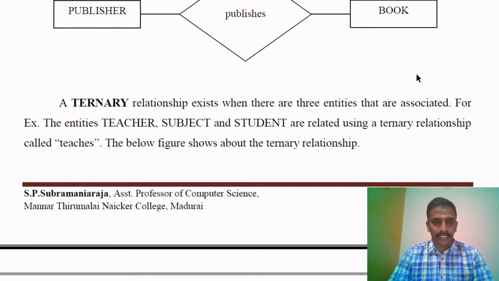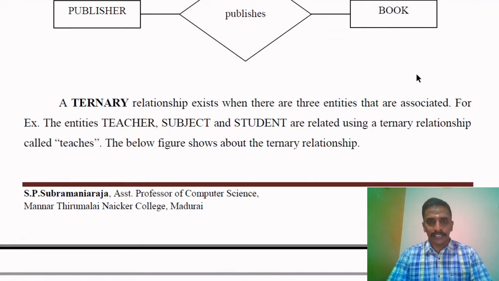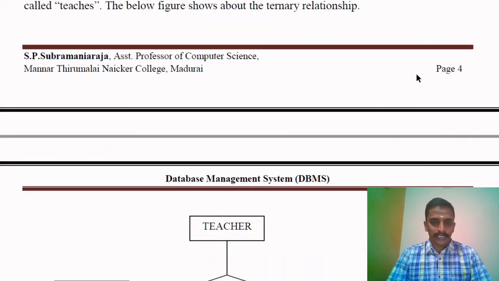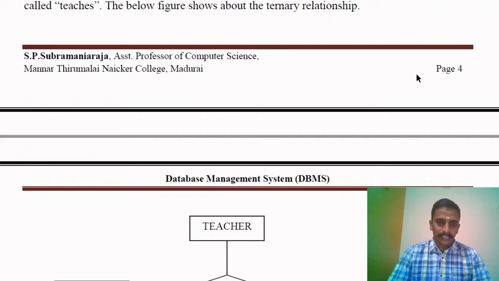The ternary relationship. The ternary relationship exists when three entities are associated. For example, the teacher, the student, and the subject are the three entities, and they are related with each other. Teacher teaches subject, teacher teaches student, and student studies subject.